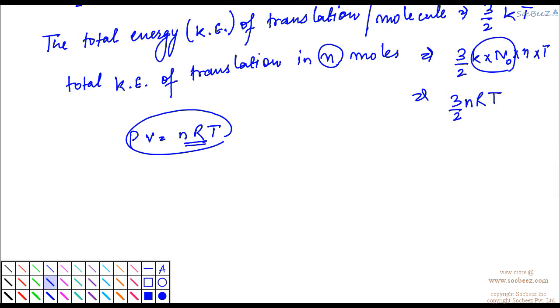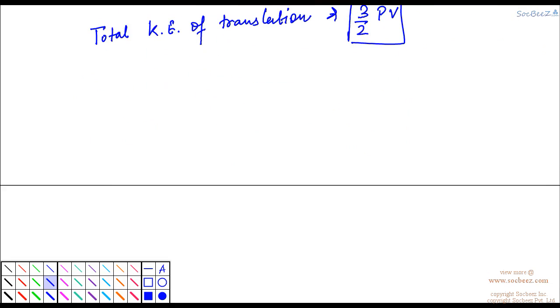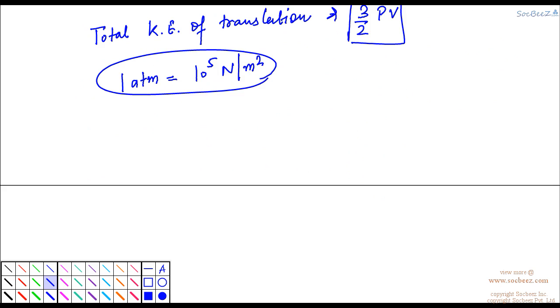The ideal gas equation holds, so we can replace nRT by PV. So we can say that total kinetic energy of translation is equal to 3/2 into PV. Now we know that the pressure is basically 1 atm. Okay, and 1 atm is atmospheric pressure, that is equal to 10 raised to power 5 Newton per meter square. That is its value in the SI units.